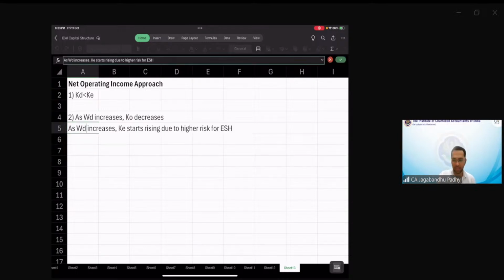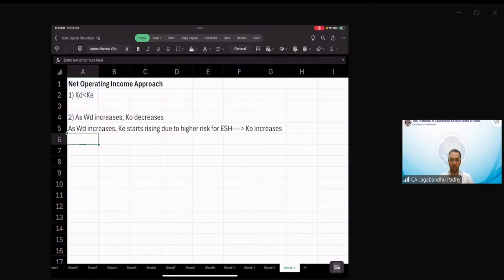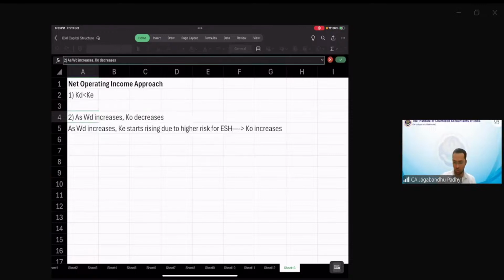And as the KE starts rising, what will be the impact on KO? KO will also increase, right? Am I right, guys? Yes or no?